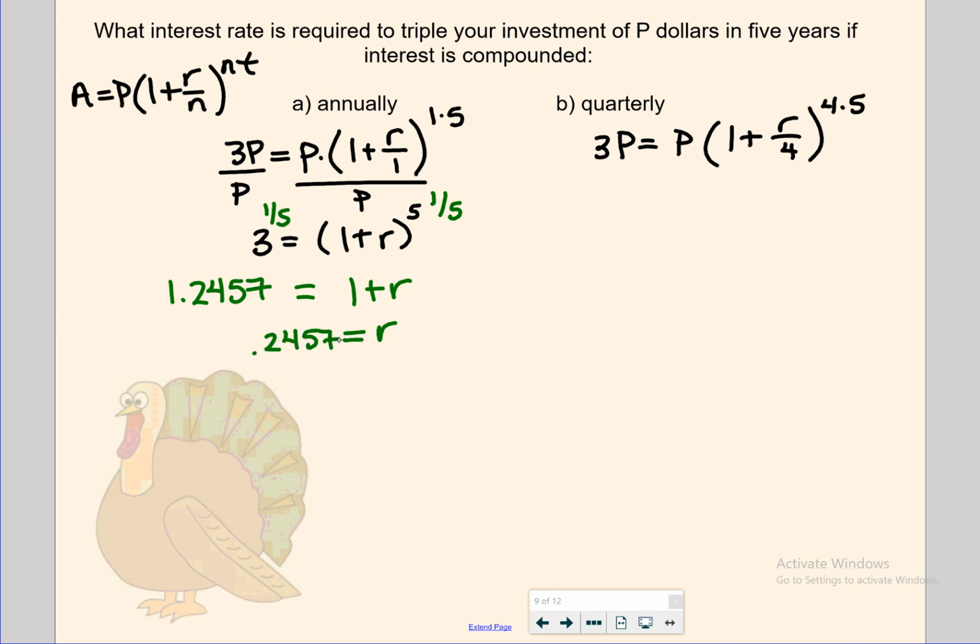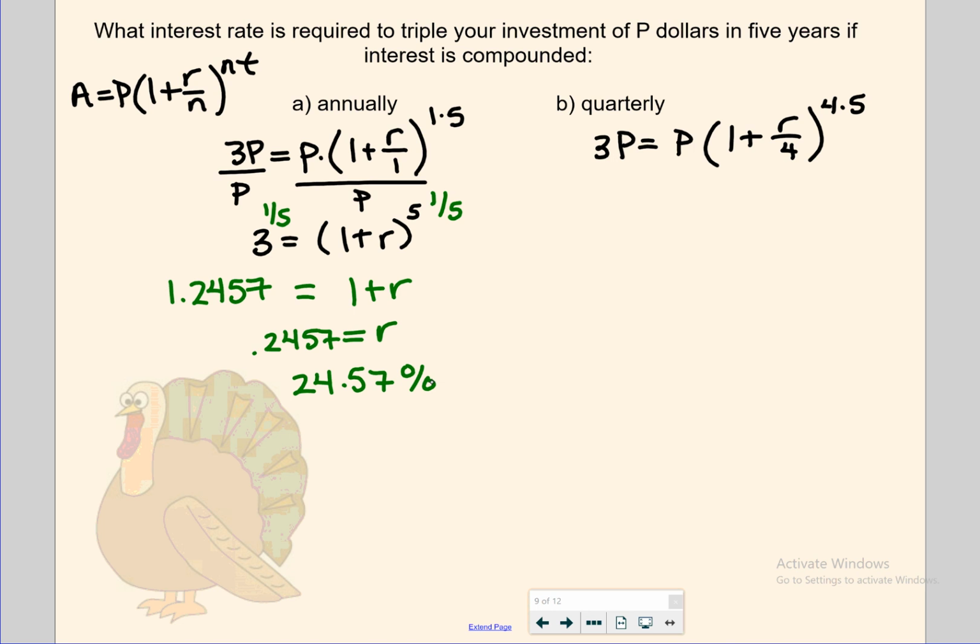Now remember, R is an interest rate, so our final answer, 0.2457, really represents, and this is why I gave it those extra decimal places, 24.57%. And then it's an equation, so you could take that answer, plug it back in, make sure, you could even put a value in for P, like put $100 in for P, plug the R in, and see if you get $300 out, see if it does triple that investment if you want to check it.